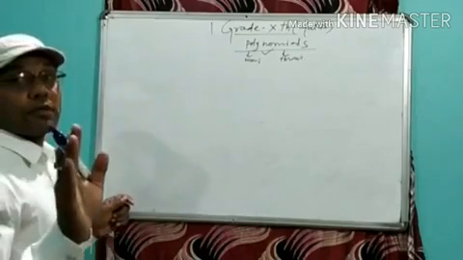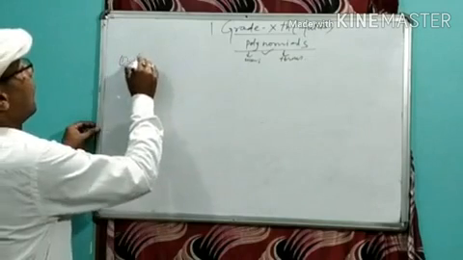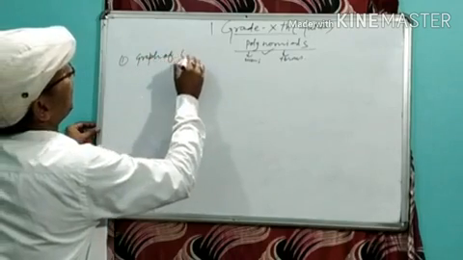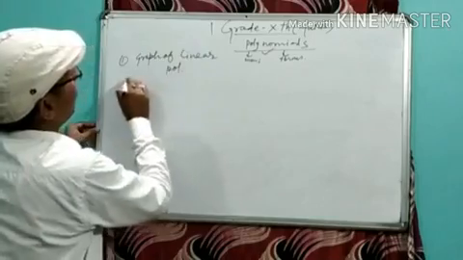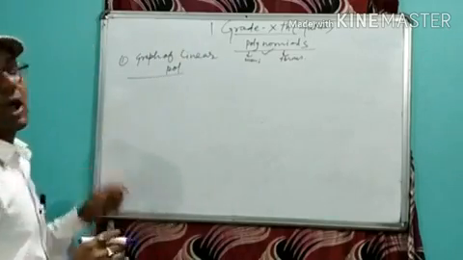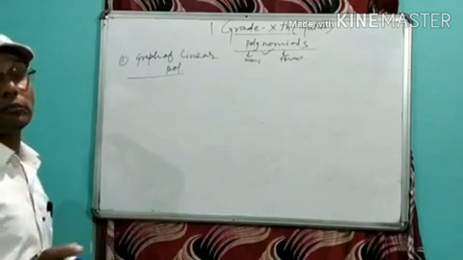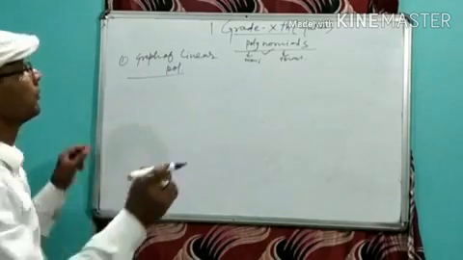Now we will discuss the graph of the linear polynomial. Which type of graph will the linear polynomial have? Certainly, it has a straight line graph.